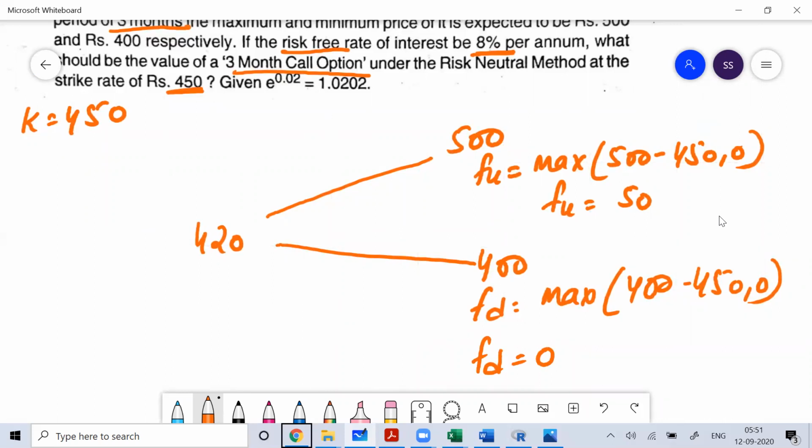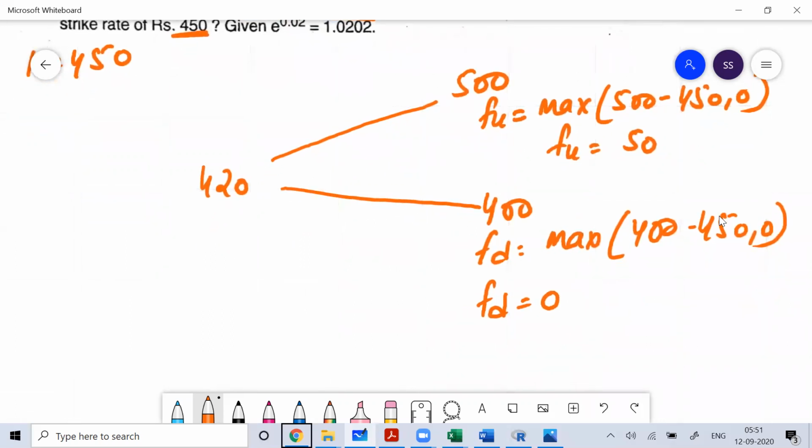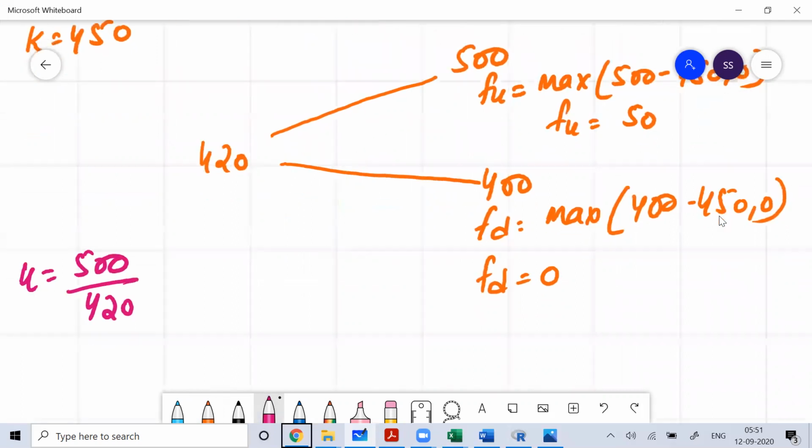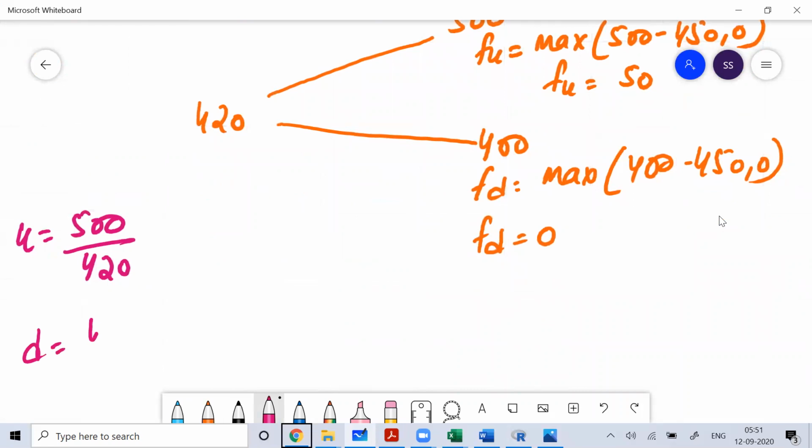So you got FU, you got FD. The next thing you have to determine is the U value. U is nothing but 500 divided by 420. What is D? D would be 400 divided by 420.